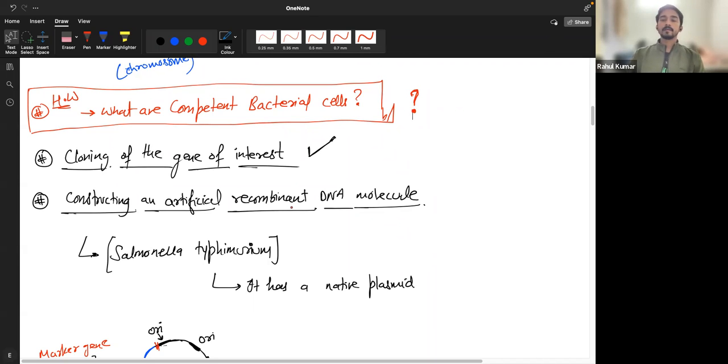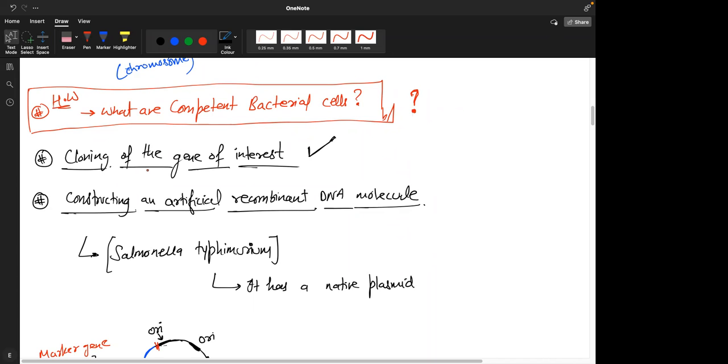No. Can we make a bacteria competent, or any cell competent for that matter? Yes, we can. That's called making competent cells. To make any bacteria competent, we just need to make the bacteria open. Like in gel electrophoresis.